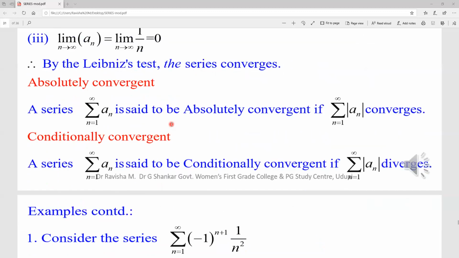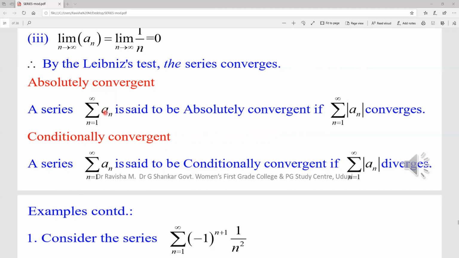Let us move to the definition of absolutely convergent. A series a n, an alternating series as written here, is said to be absolutely convergent if the absolute series also converges. What is the absolute series? Wherever there are negative terms, convert them into positive, so it automatically becomes a positive series. That is the absolute series. If this absolute series converges, we can conclude that the given alternating series is absolutely convergent.